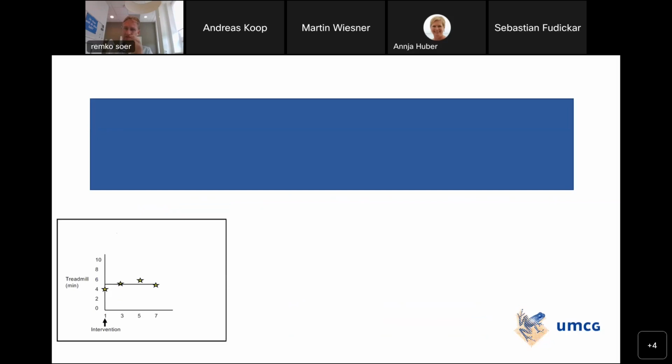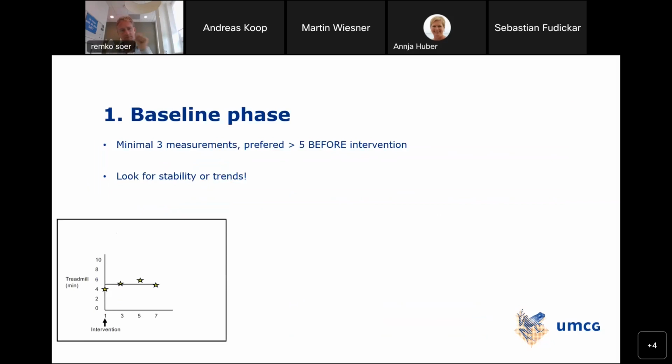Yeah, it's a bit doubtful, right? From this, we can't really say that anything is happening in this intervention. So I would like to talk about the baseline phase, because basically we don't know. Yeah, correct, Martin. I saw your comment coming.